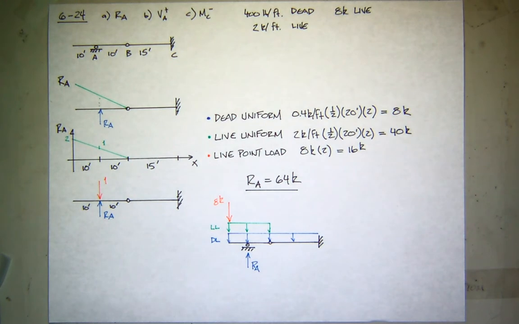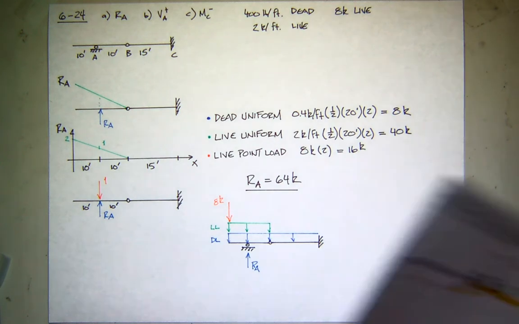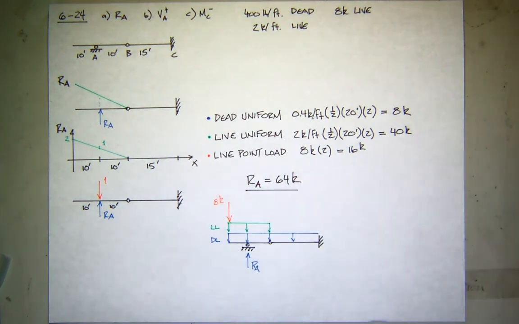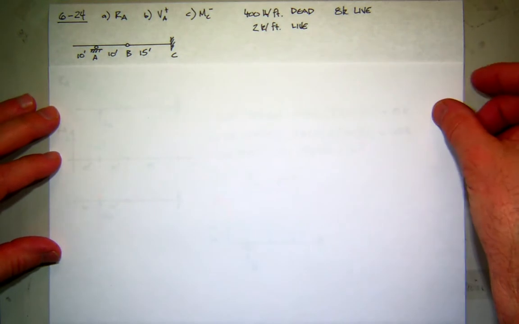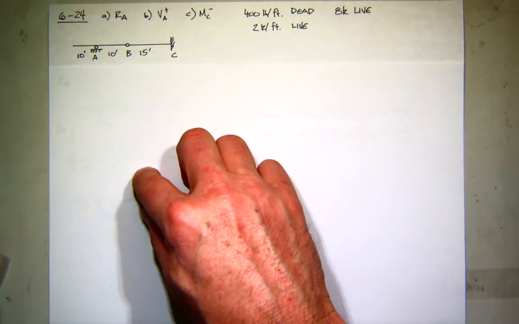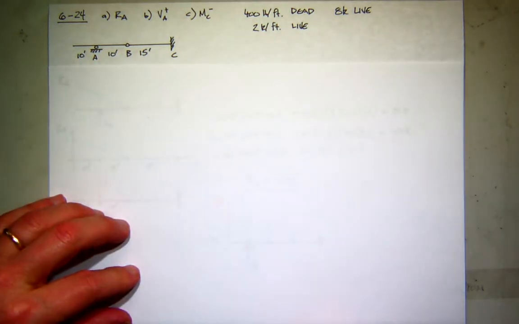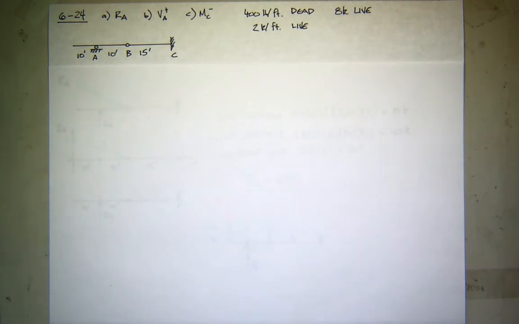So what if we do this again, except we'll go for part B, which wants to know the shear just to the right of A. So what I need to do, get another piece of paper here in my stack. I'll kind of cheat a bit. I'll just lay this over the top so I won't have to redraw this stuff, and we'll add the shear to it.